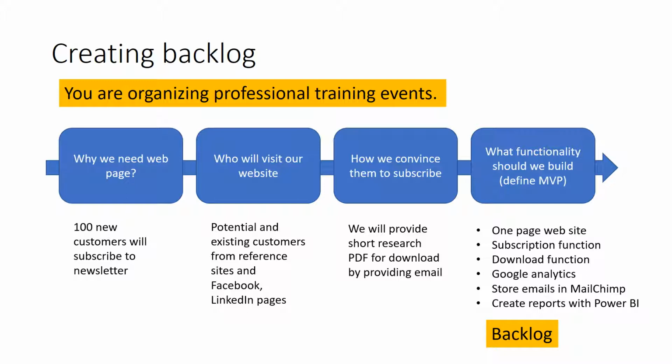We need to implement the Google Analytics scripts just to follow and see the progress and measure the efficiency of our website. We need to store emails in MailChimp. That's an email sending service that allows us to collect emails and then do bulk email campaigns, marketing campaigns, and track the results.